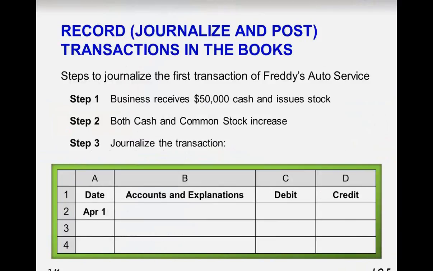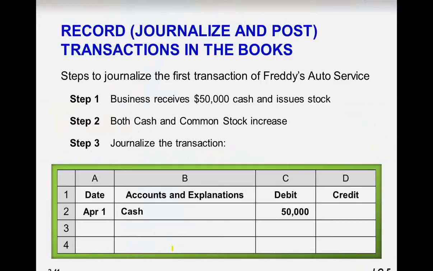So let's look at the business that receives $50,000 cash and issues stock. Because of everything we've done so far, we know we've increased our cash. If we look at the rules of accounting, we know that assets increase on the debit side, and hopefully we can identify that cash is an asset.